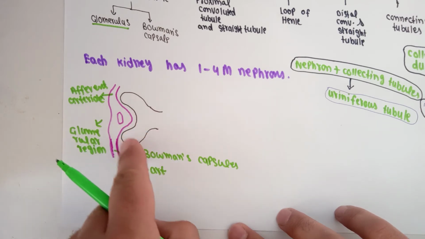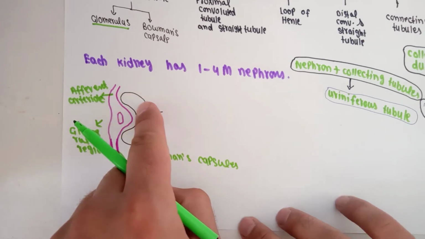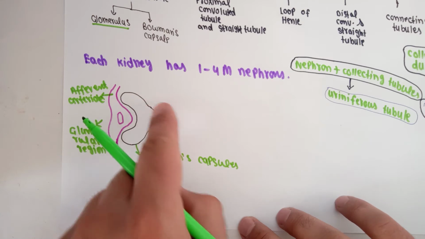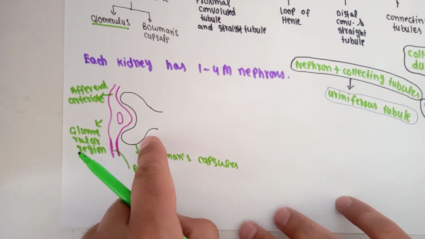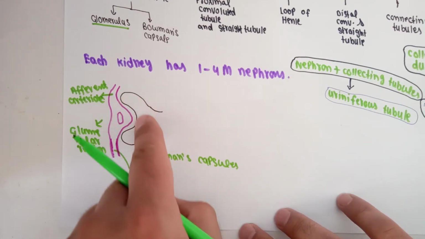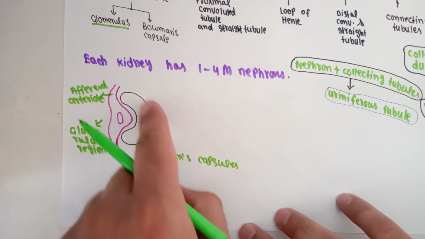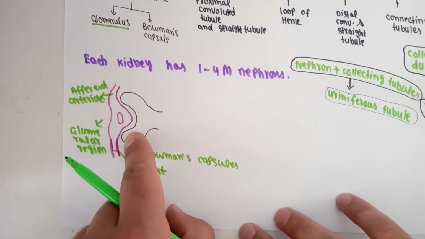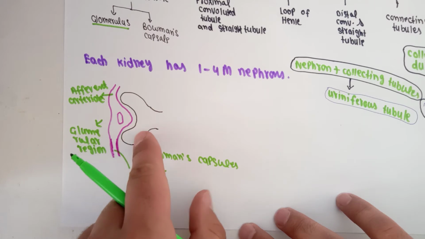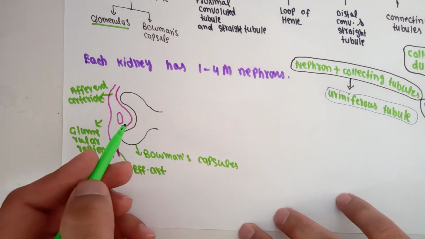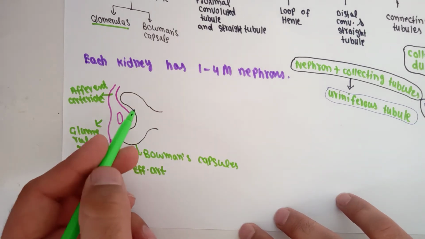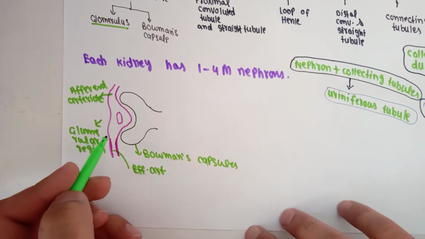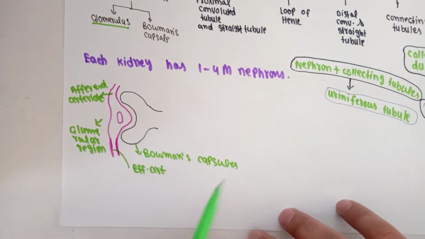One is this layer, which is called the parietal layer, and it consists of squamous epithelial cells, which is simple squamous epithelium. Also there are other cells called podocytes that make the visceral layer, but this I will discuss later. Bowman capsule plus glomerulus is collectively called the renal corpuscle.